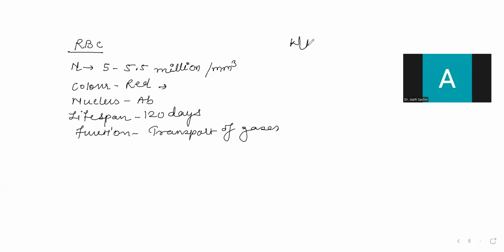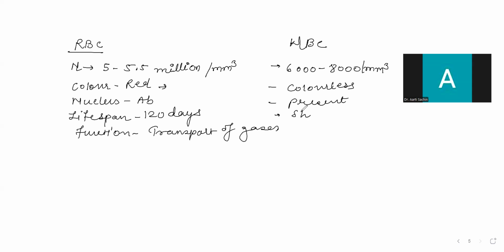Next is our WBCs. What is the number of WBCs? The number of WBCs is 6,000 to 8,000 per cubic mm, right? All WBCs are colorless. Okay, they do not have a color. Nucleus, yes, the nucleus is present in your WBCs. And WBCs have a very short life span, so they are short lived.